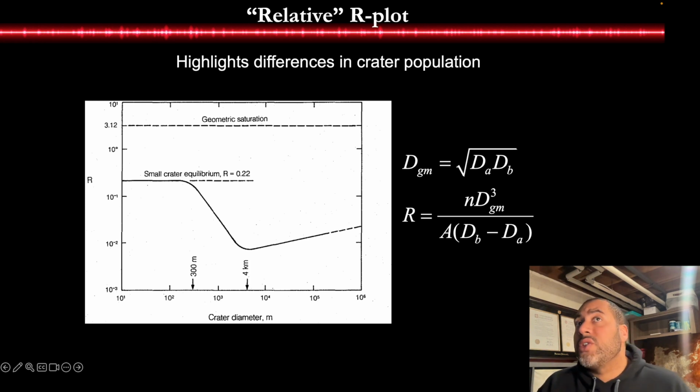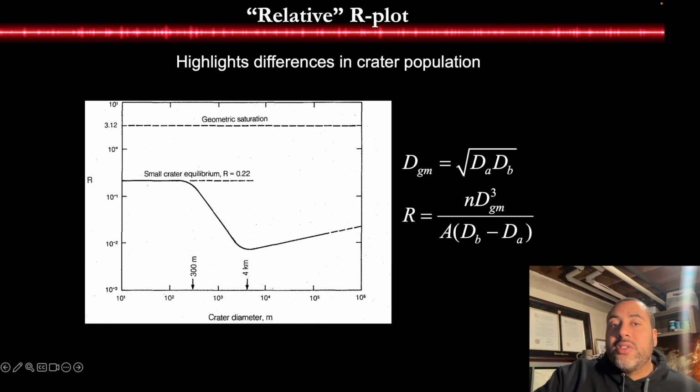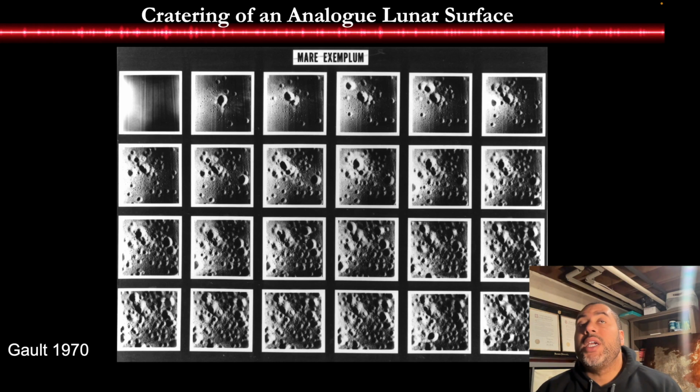However, this is still a visually useful tool that is sometimes included in papers and publications. And the book goes into more about establishing particular bin sizes and the methods by which you would construct such an R plot.